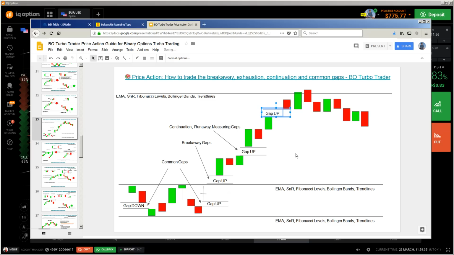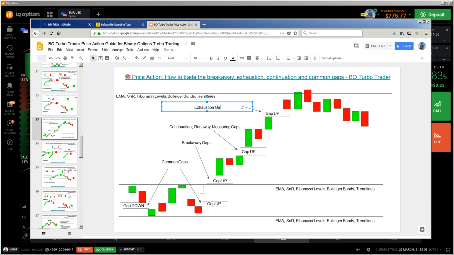This gap obviously will not occur so often, but if it occurs, you know what it has to mean. So that is the exhaustion gap.